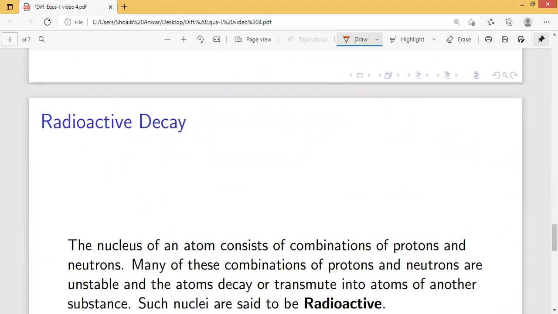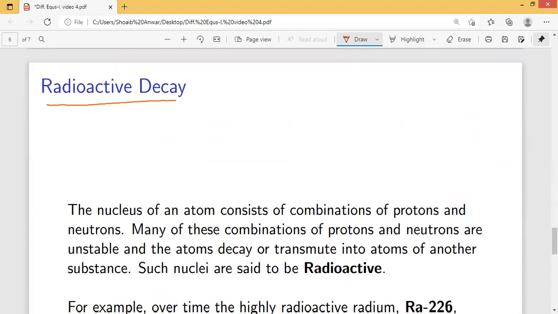Now we will discuss the decay of a substance, more specifically, radioactive decay. The nucleus of an atom consists of protons and neutrons, and many of these nuclei are unstable, and the atoms start to decay or transmute into atoms of other substances. The atoms with this property are known as radioactive, and the substance as a whole is known as a radioactive substance.